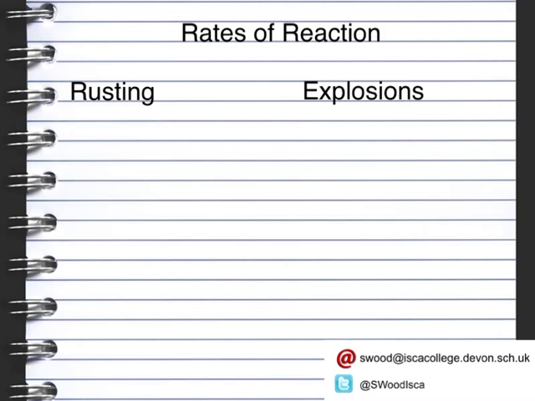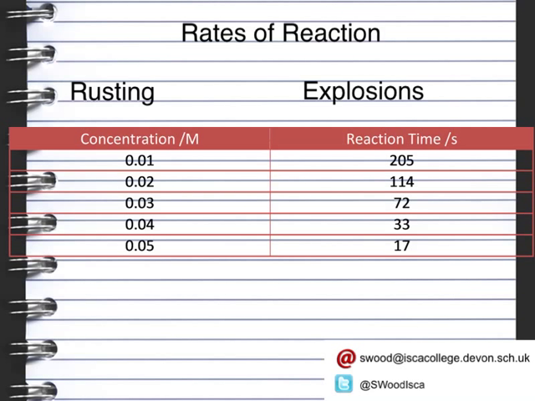Now we can actually have a look at a set of results here that show how the reactions can actually change. Now in this set of results we've got a concentration here. Now as you notice we increase the concentration. Now what happens is as the concentration gets bigger, the time for the reaction takes less, or it gets smaller.